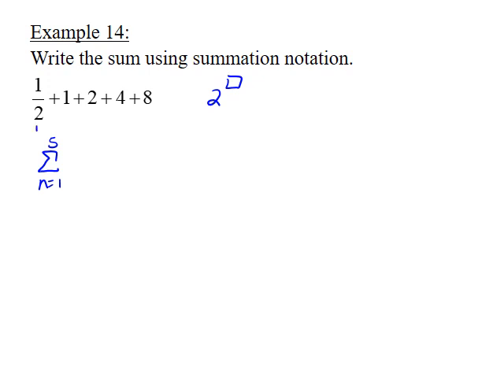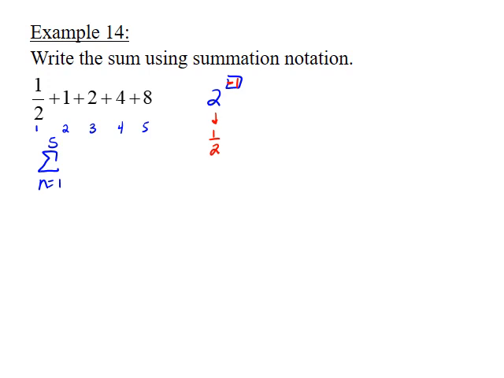So if this is n equals 1, this would be n equals 2, n equals 3, n equals 4, and so on. How do I get those numbers? Well, in order to get a fraction like this, I know that my exponent needs to be negative. In fact, if this is a negative 1, 2 to the negative 1 is the same thing as a half.